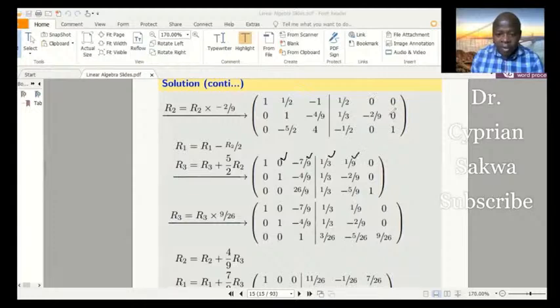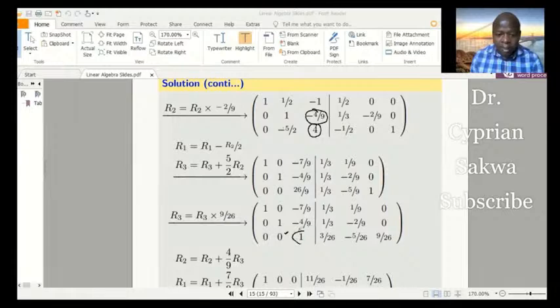A half of 0 subtracted from 0 gives me 0. We want a 0 here. We'll take 5 over 2 of this plus this. So 5 over 2 of 1 plus this gives me 0. 5 over 2 of this plus this gives me 1.